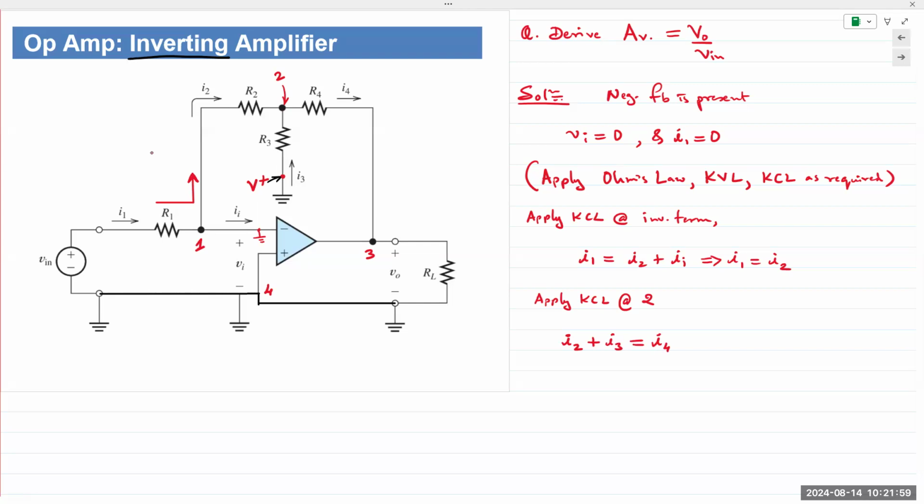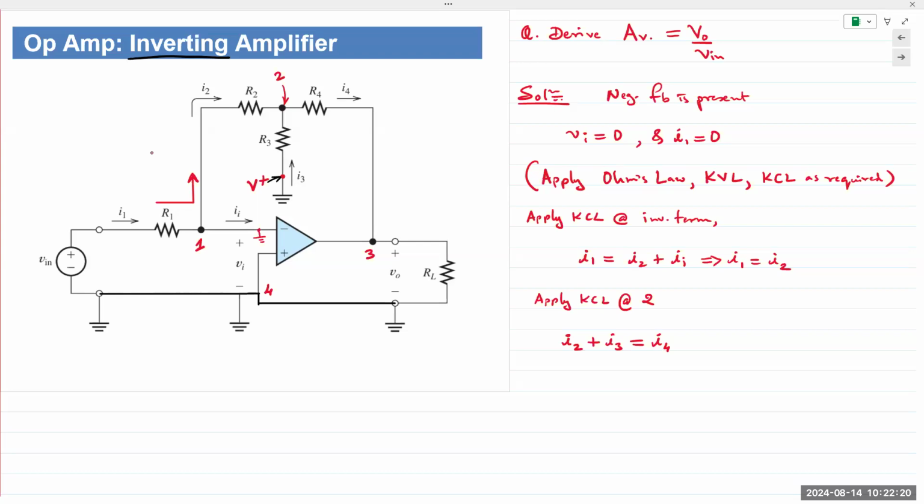Now, I have my KCL. What can I do with it? I have I1 equals I2. Next logical step would be to apply Ohm's law and express I1 and or I2 in terms of the resistor voltages.